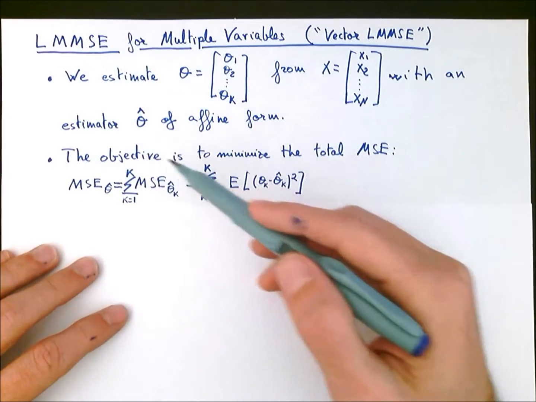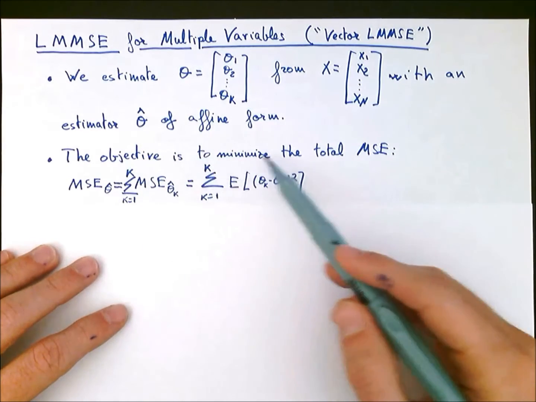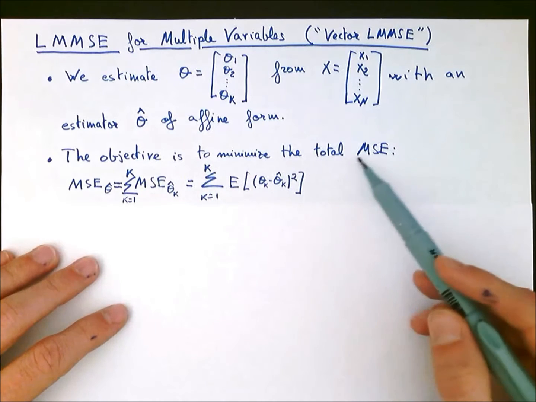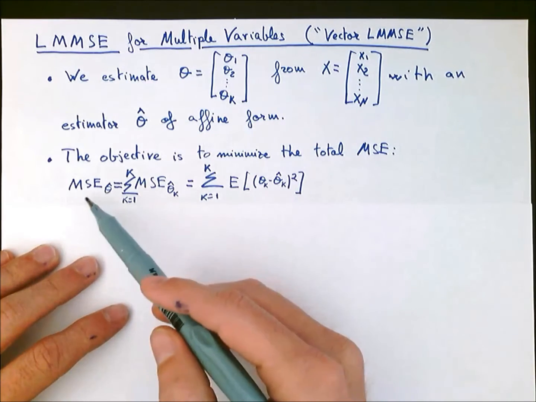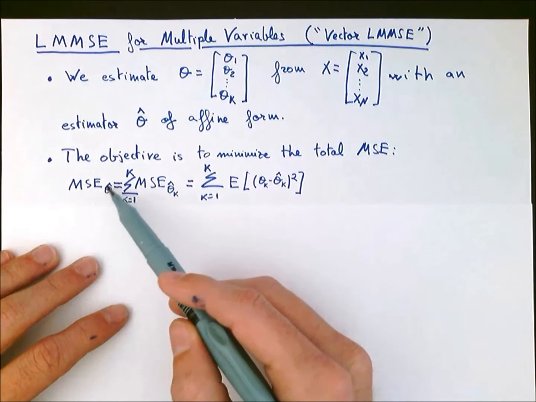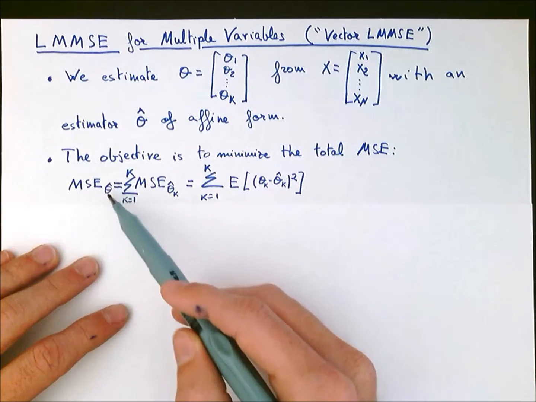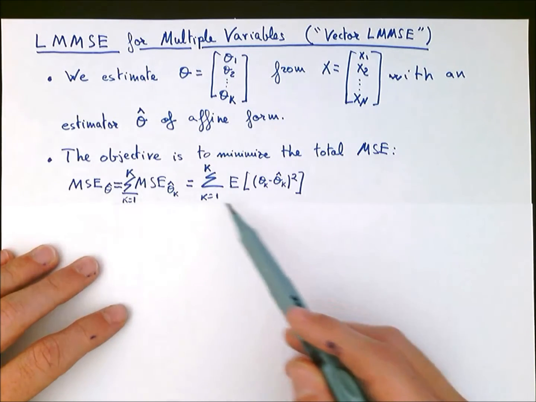As before, the objective is to find this affine estimator such that the total mean squared error of the estimator is minimized. For this case, we define the total mean squared error for the vector estimator theta hat as the sum of the individual mean squared errors of each of its components.